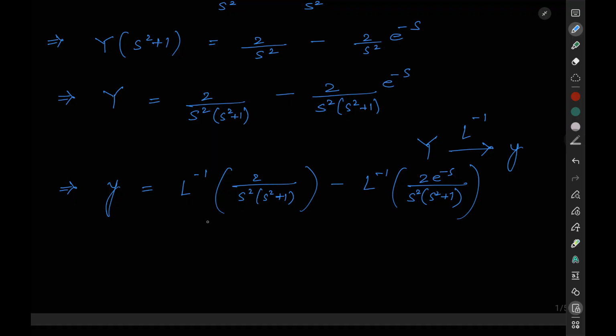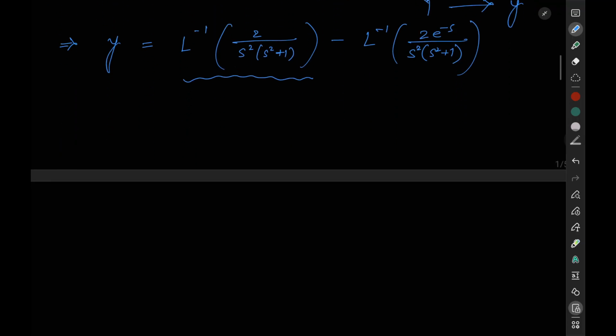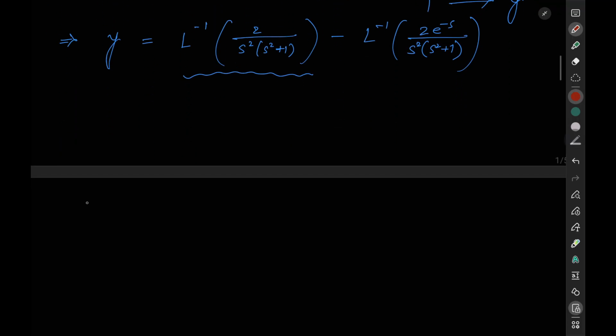Now, to find the Laplace inverse of this term, we have to represent this as partial fraction. Let's do that. So 2 upon s square into s square plus 1 can be written in the form of partial fraction as as plus b upon s square plus cs plus d upon s square plus 1.